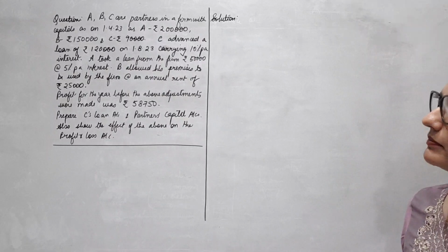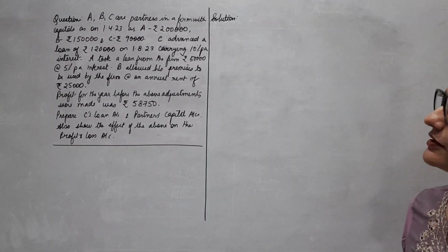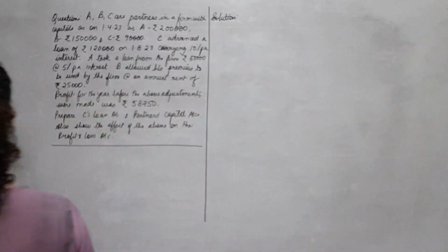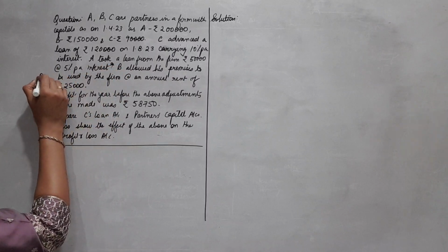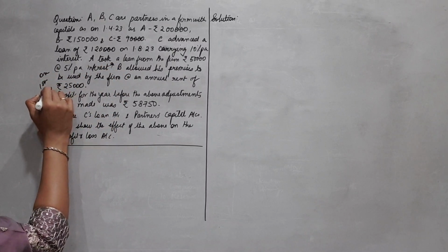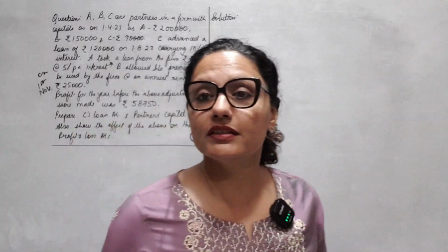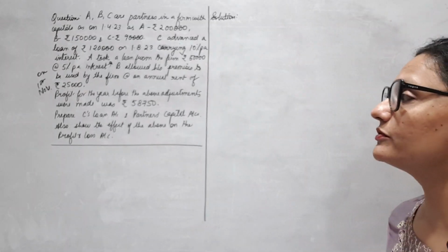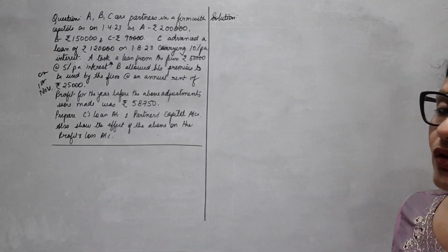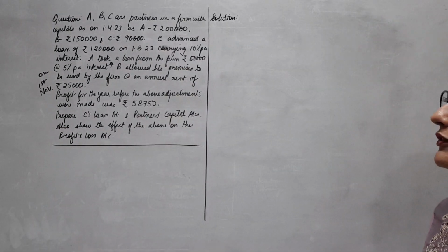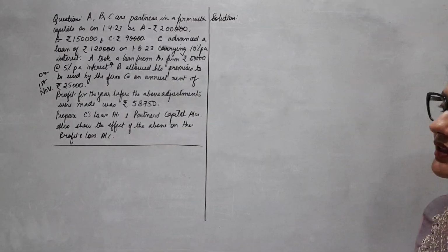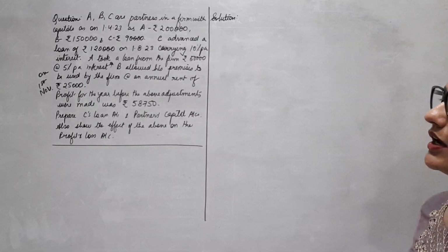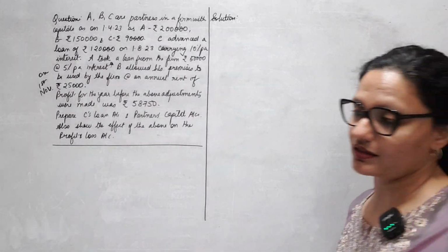A took a loan from the firm, rupees 50,000 at the rate 5% per annum, on 1st November. And B allowed his premises to be used by the firm at an annual rent of 25,000. Profit for the year before these adjustments were made was 58,750. Prepare C's loan account, partners' capital accounts. Also show the effect of the above on the profit and loss account.